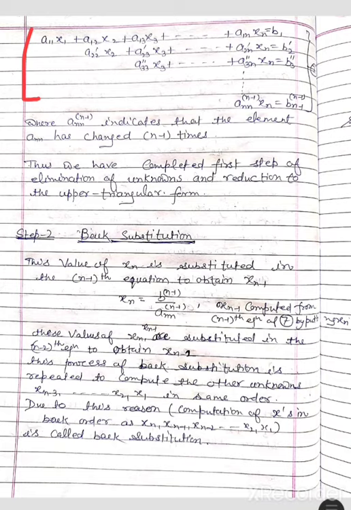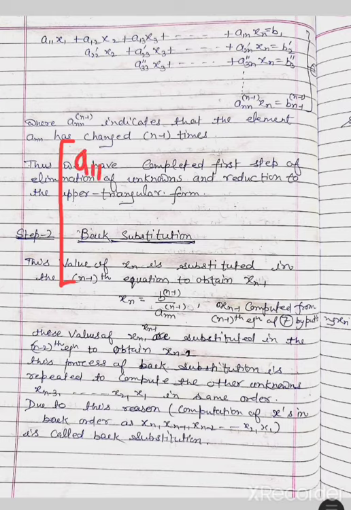Here the n minus 1 times prime indicates that the element a has changed n minus 1 times. Thus we have completed the first step of elimination of unknowns and reduction to the upper triangular form of the equation system.